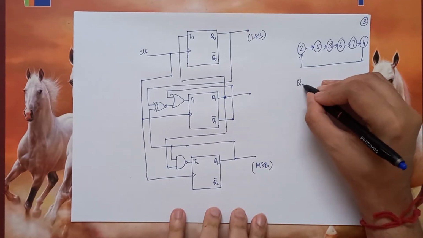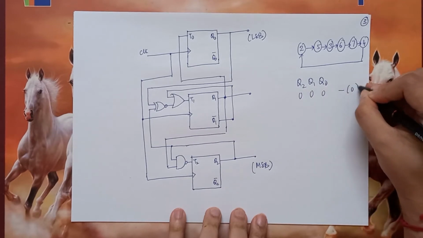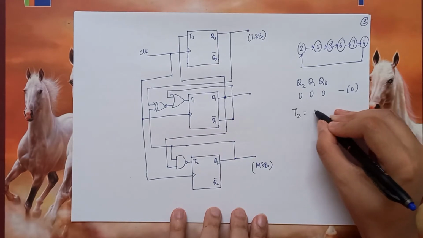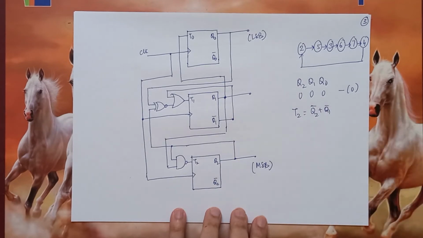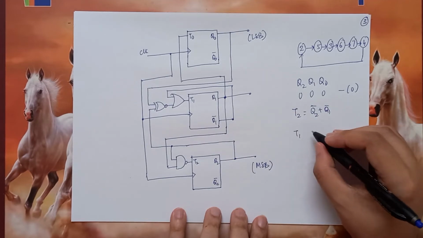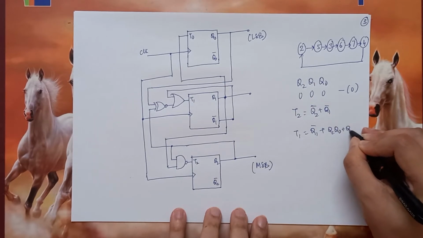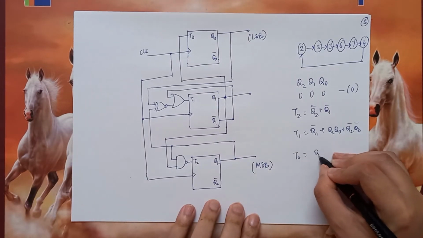So what we essentially got, suppose Q2, Q1 and Q0 is 0, 0, 0, that is if the present state is 0, then what will be the next states? So T2 is Q2 bar plus Q1 bar, T1 is Q1 bar plus Q2 Q0 plus Q2 bar Q0 bar, and T0 is Q1.